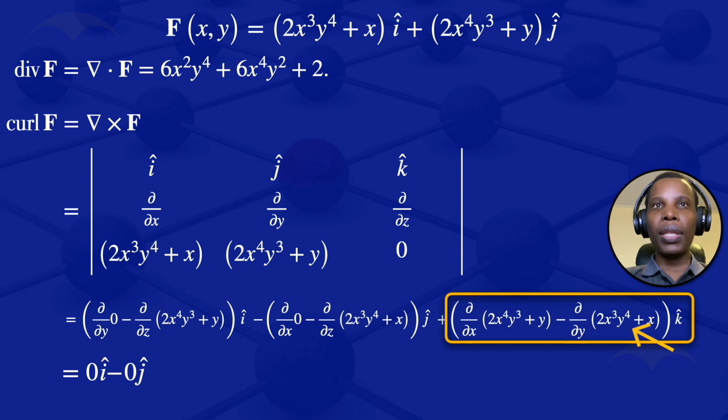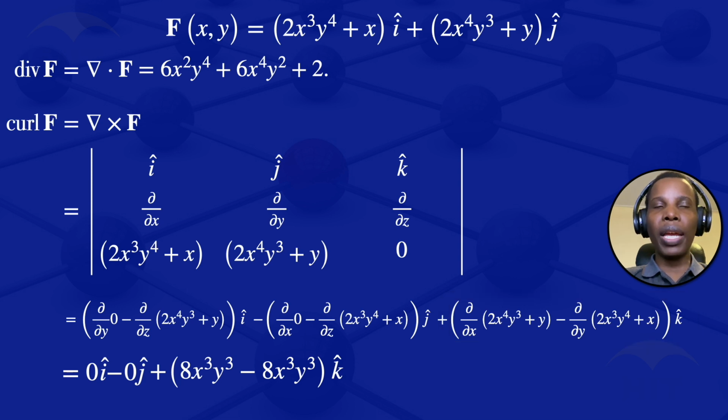Then on this other part here, we are differentiating with respect to y, but treating x as if it's a constant, and the result that we get there is 8x cubed y cubed. So for the highlighted part, it will simplify to 8x cubed y cubed minus 8x cubed y cubed, k.